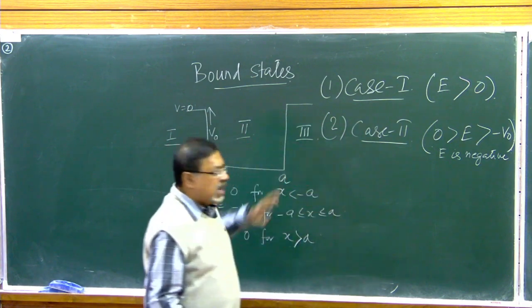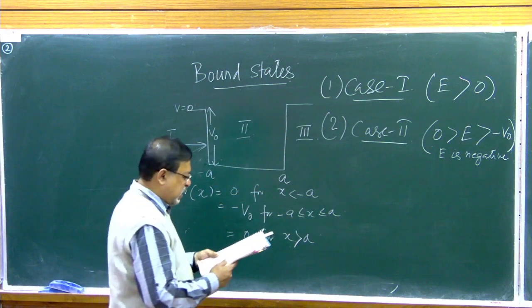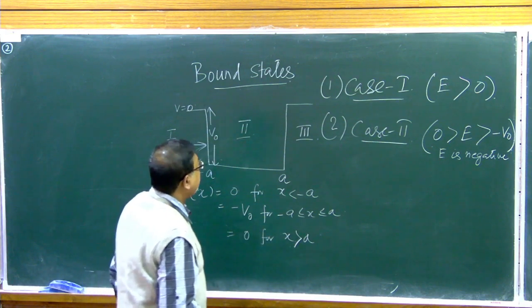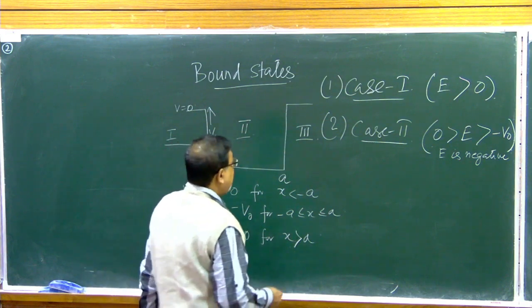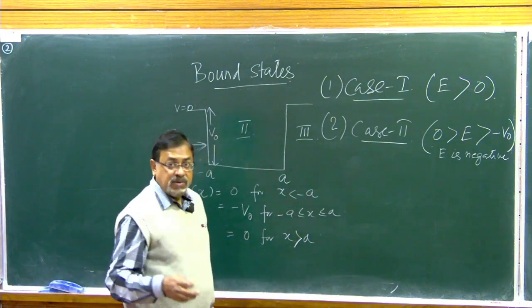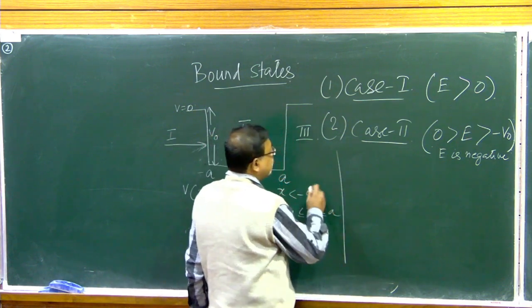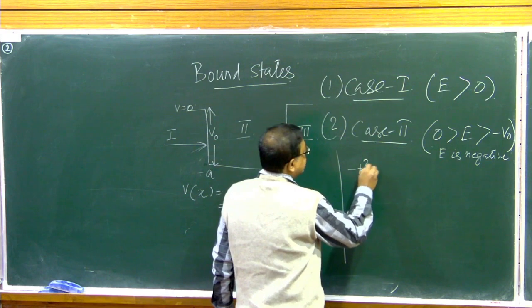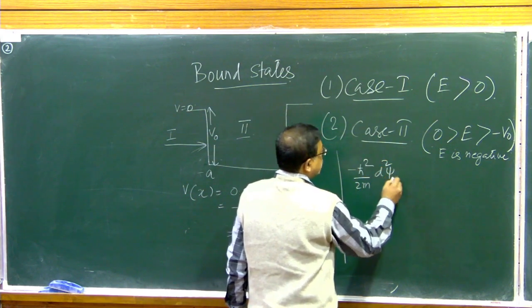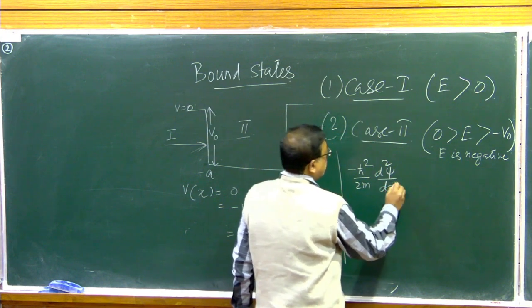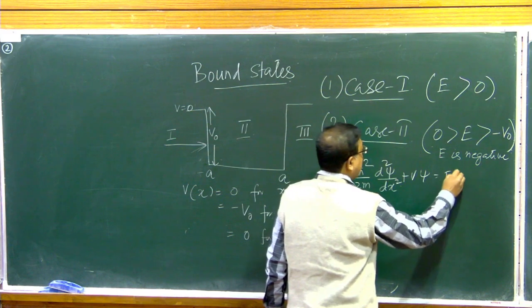So we will see case 1 and case 2 separately, and we will write down the wave functions in all these three regions, and I will simply write down the solutions. But before that, we are solving this equation: minus h bar squared by 2m, d2 psi by dx2, plus V psi equal to E psi.